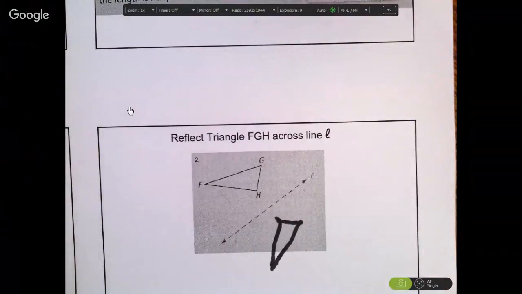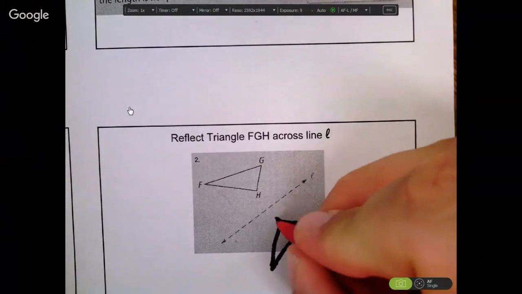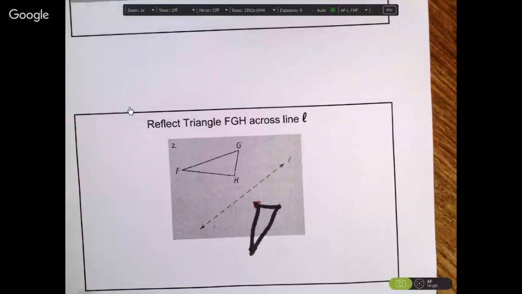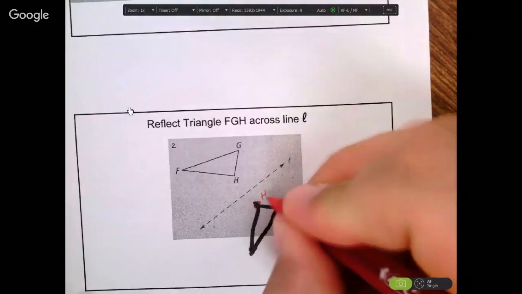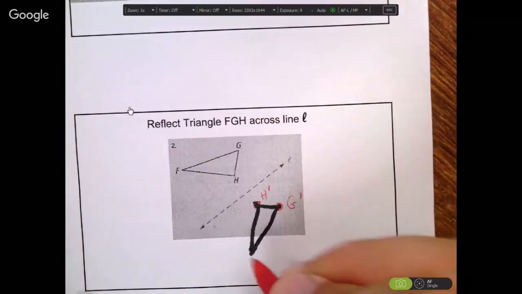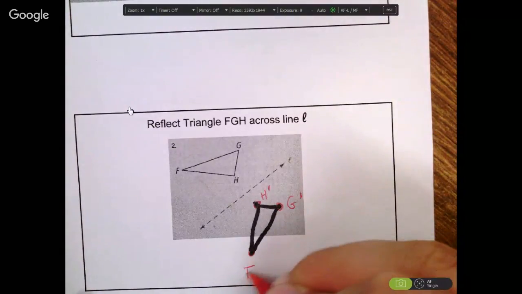It's pretty common to name this point here. Someone want to guess what we name it? H prime, because you're reflecting. G prime. It's the new G, the new F prime.